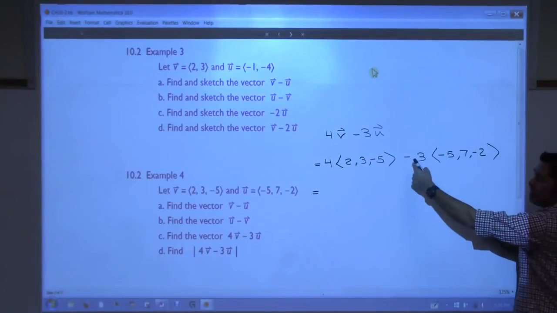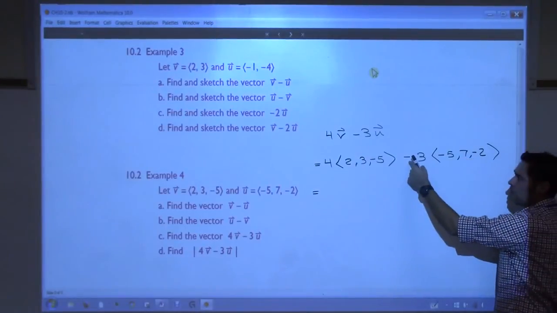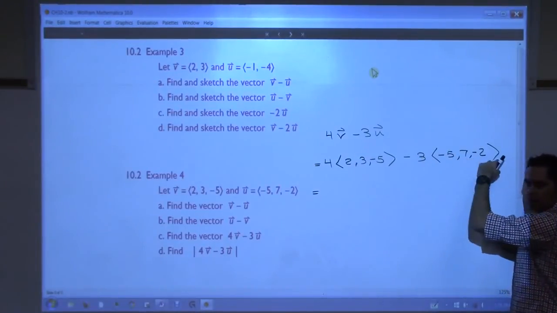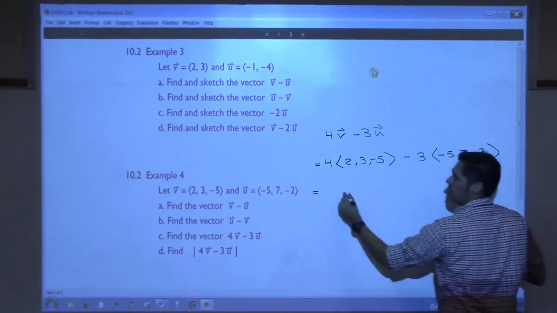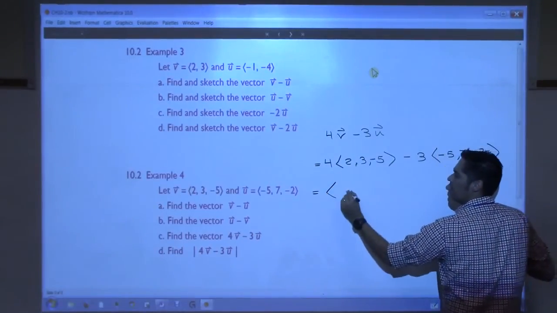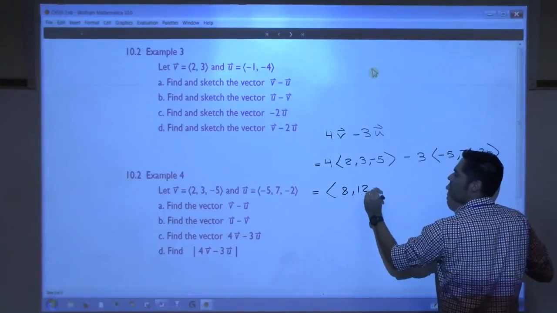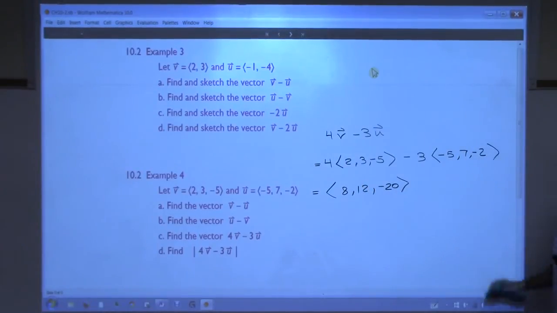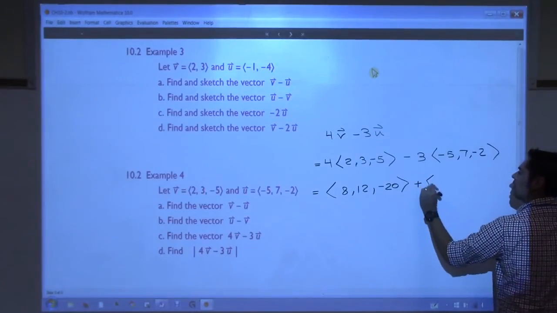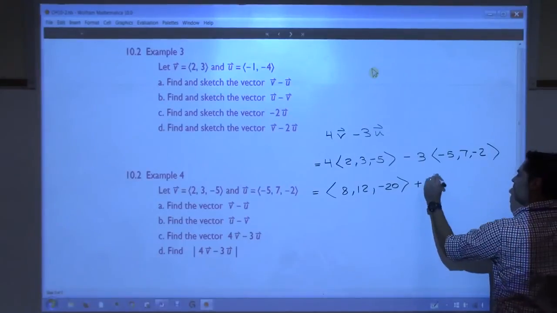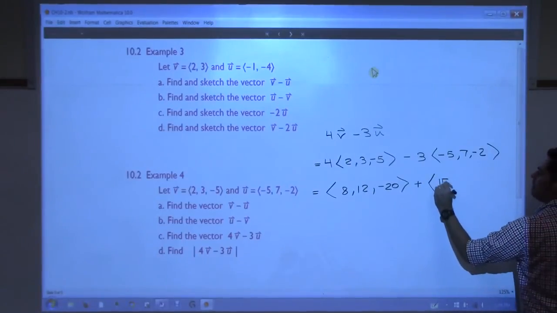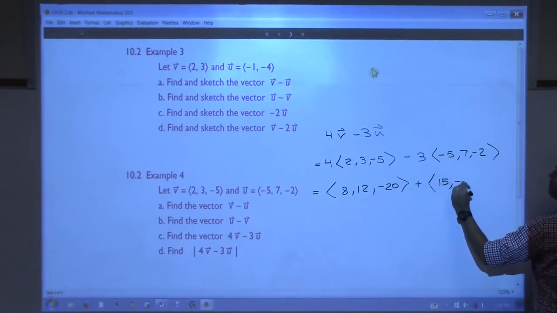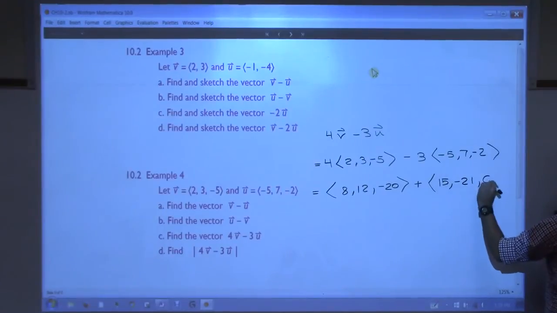Is that okay if I pass a -3? What do you think I'm going to have to replace the negative with if I pass the negative through? Plus sign. So this is going to become the vector 8, 12, -20. All right, that's 4v. And then plus the vector 15, -21, 6.